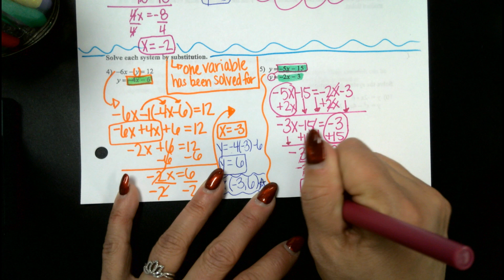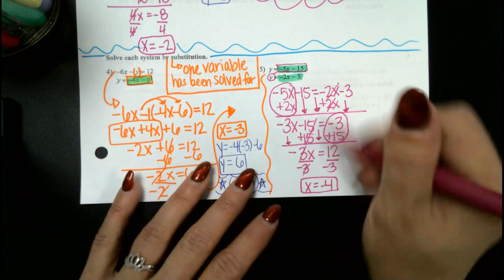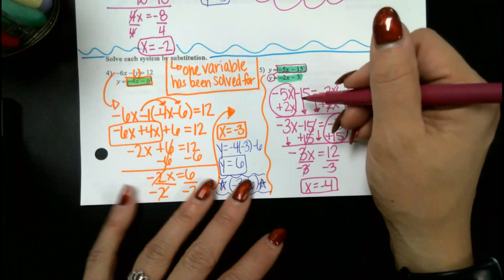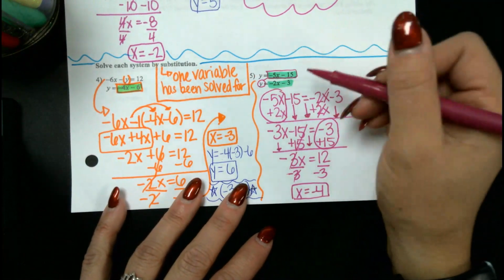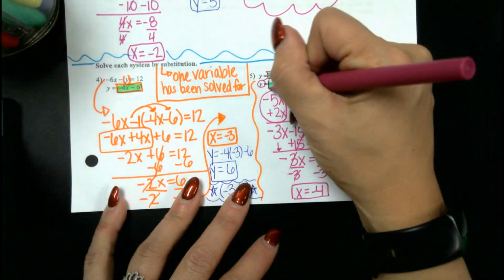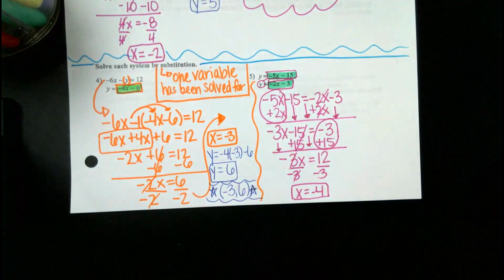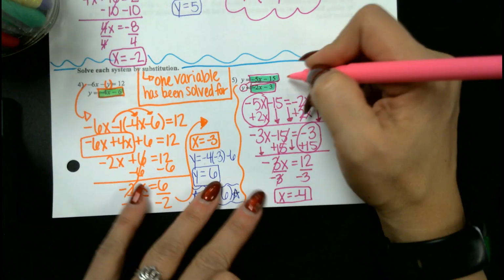Okay, now this one, if you look at the options of which one to plug it into, don't they both say y equals? So it really doesn't matter which one you plug it into this time. I'll plug it into the top one.